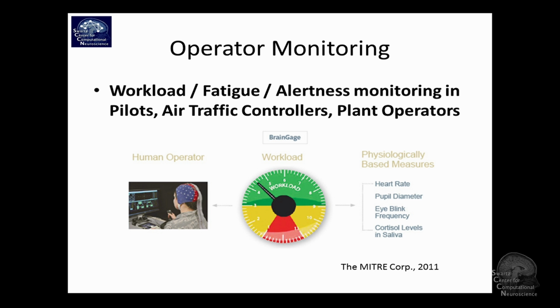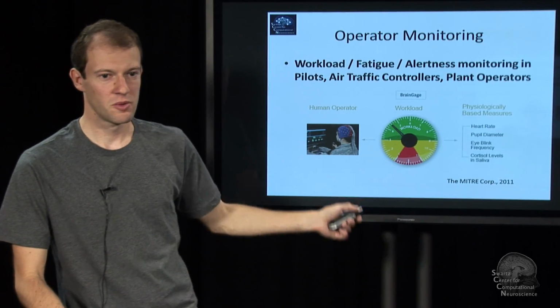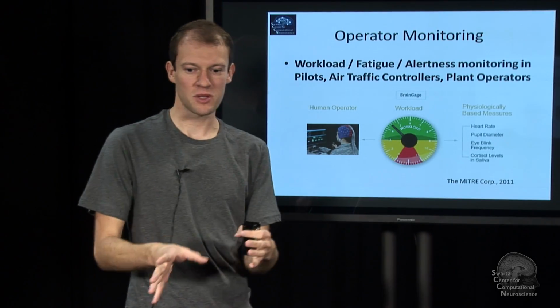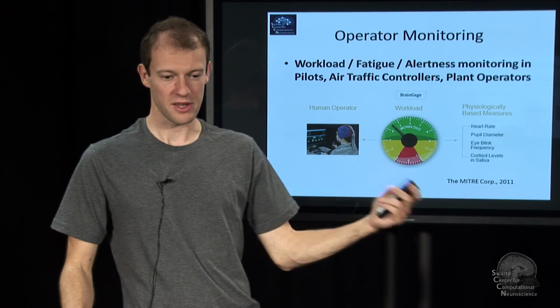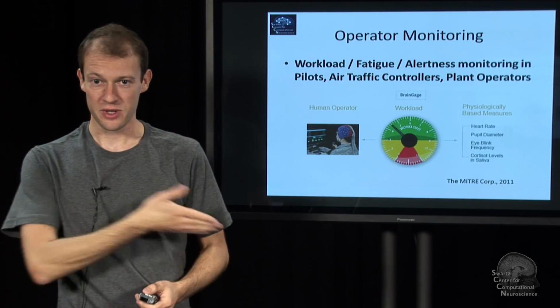So things like air traffic controllers, people who operate plants, and so on. And these are all passive BCIs, as you can imagine, because people are doing some task, and then there's layered on top this extra information, which tells the guy next door that he's at high load or that he's falling asleep or things like that.